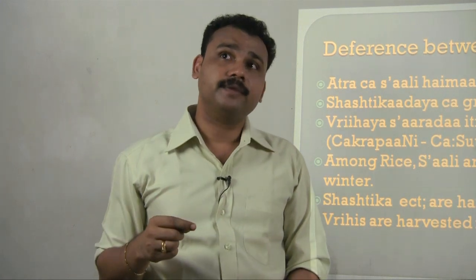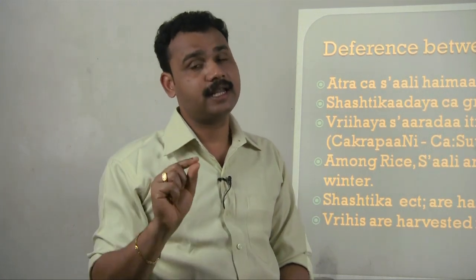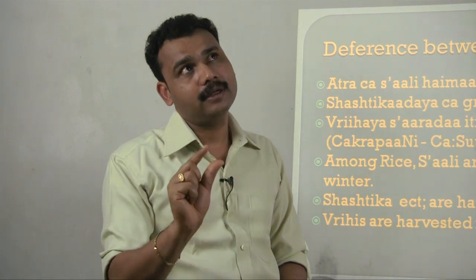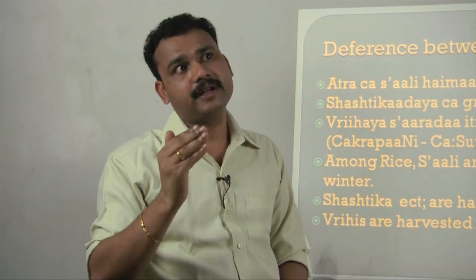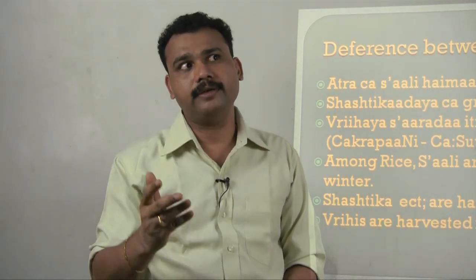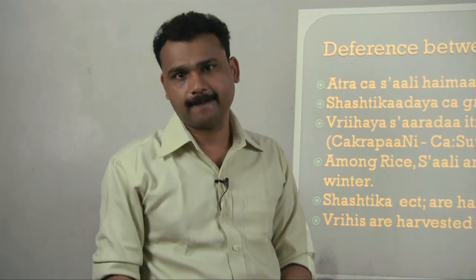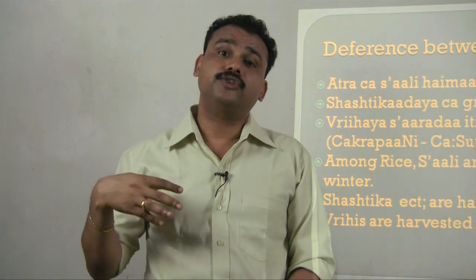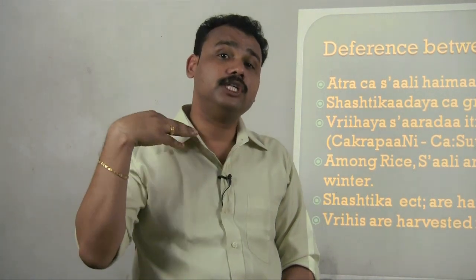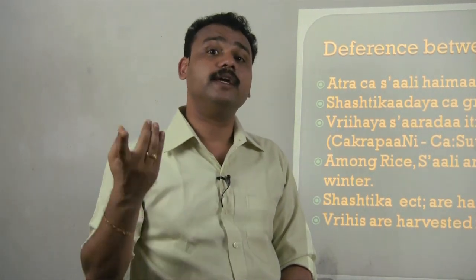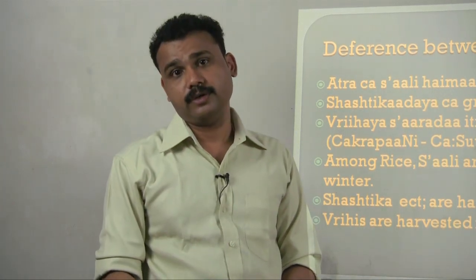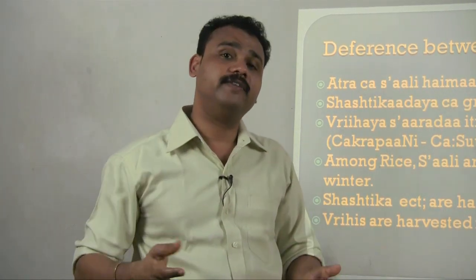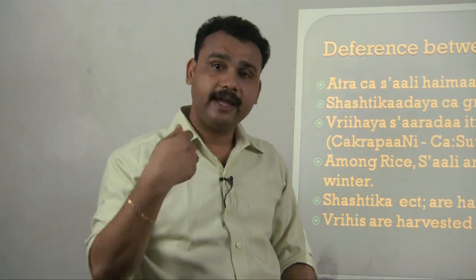Rice being an annual, the maximum time the rice takes to grain or to harvest is 6 months. In Kerala there is a tradition of harvesting twice or thrice a year. You harvest, again prepare the field, again sow the seeds, and again harvest.